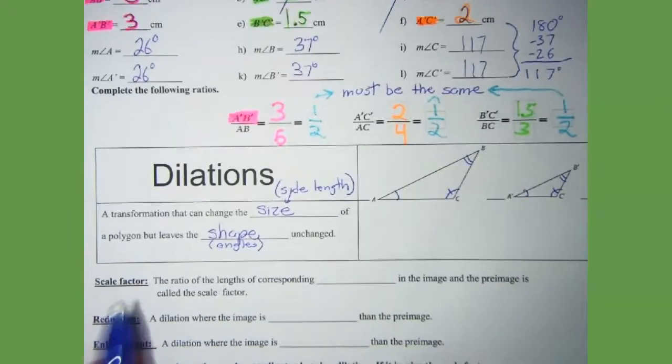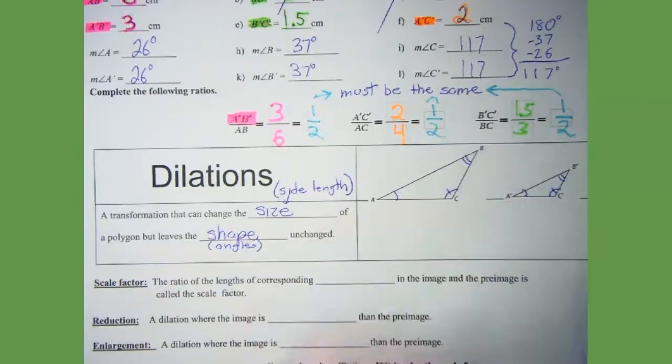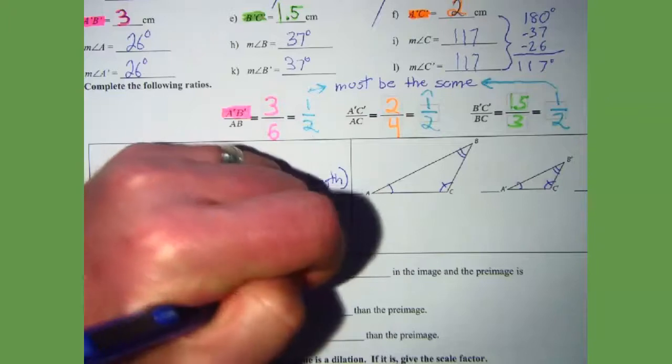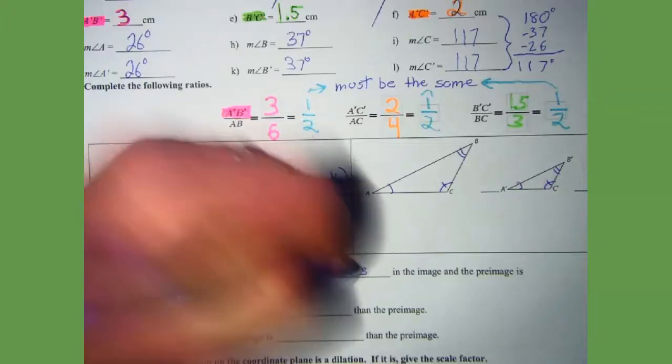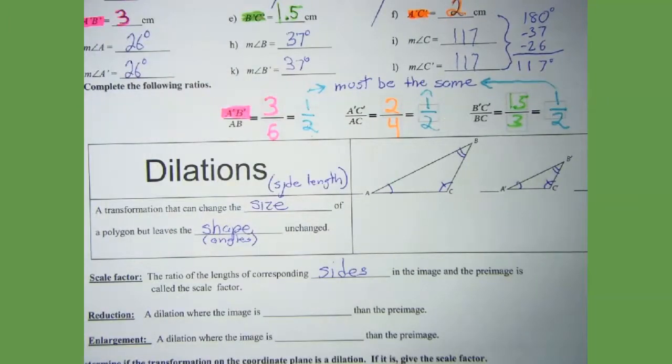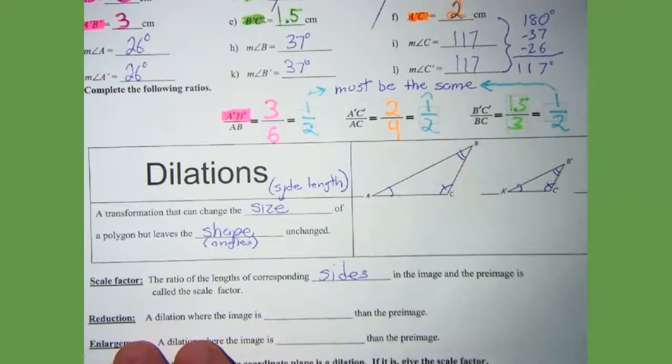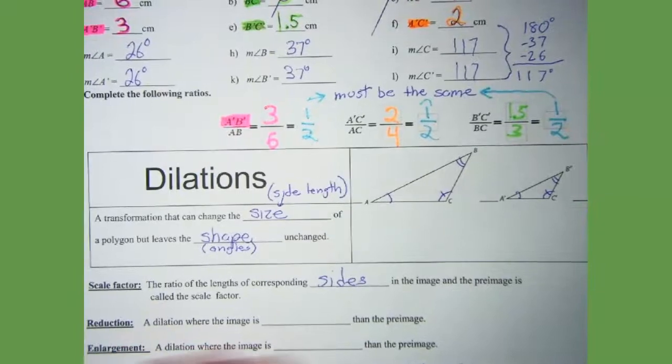This number we call the scale factor, which is the ratio of the corresponding sides in the image and pre-image. And if it gets smaller, like we had up front, that's called a reduction.